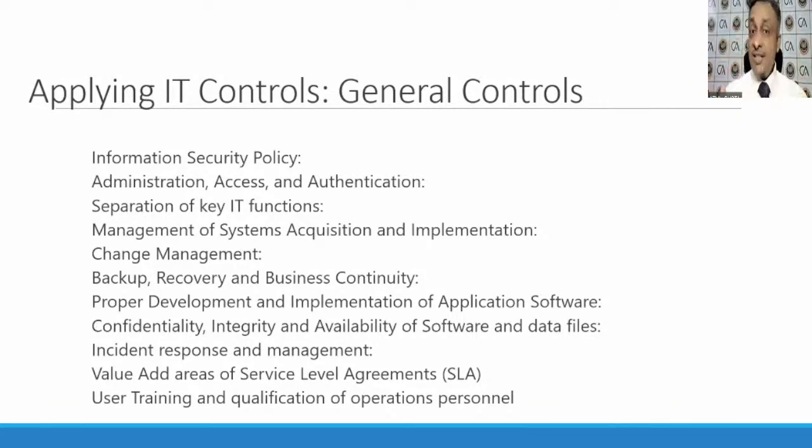Some rectifications and updates have to be done. These updates cannot be done by the user himself or herself. There has to be a separate person to do those updates. Separation of IT function: the maker cannot be the checker of the quality, and the user cannot be the creator of the change.